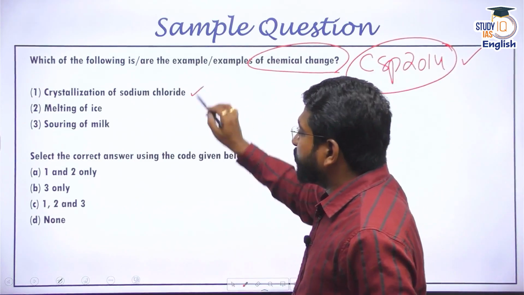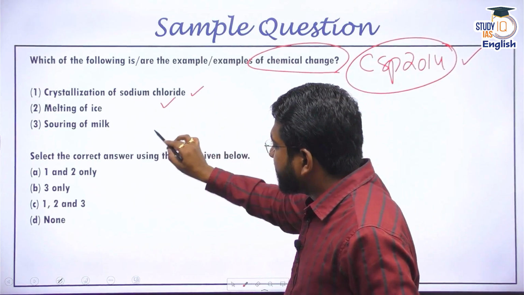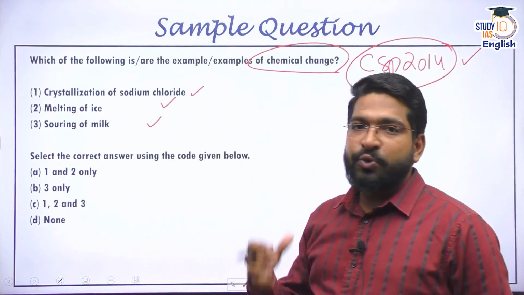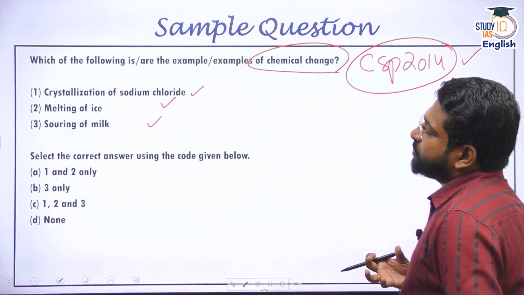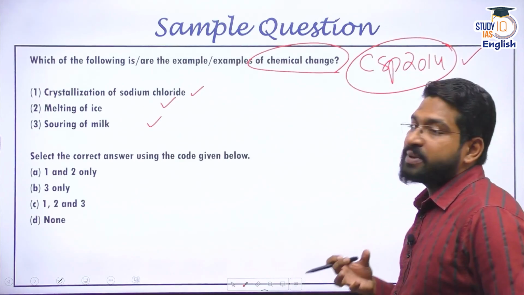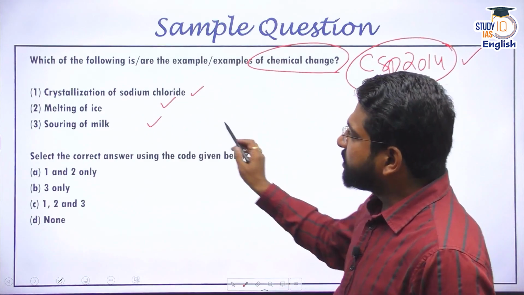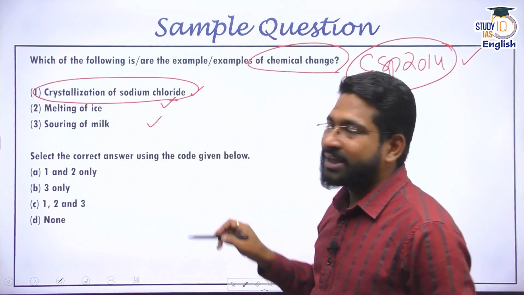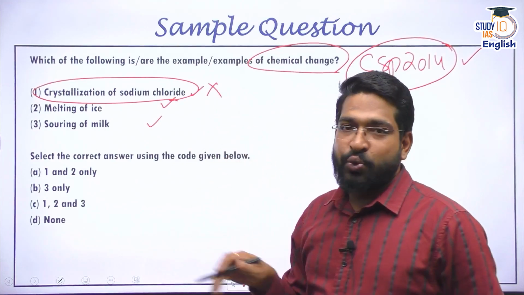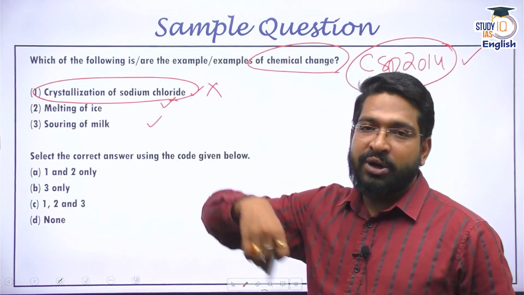Crystallization of sodium chloride, melting of ice, and souring of milk. Now, if you try to analyze what is happening here, it is asking you the example of chemical change. When sodium chloride crystallizes, is there any chemical change which is occurring? No. Sodium chloride or salt, when mixed with water, it will dissolve.